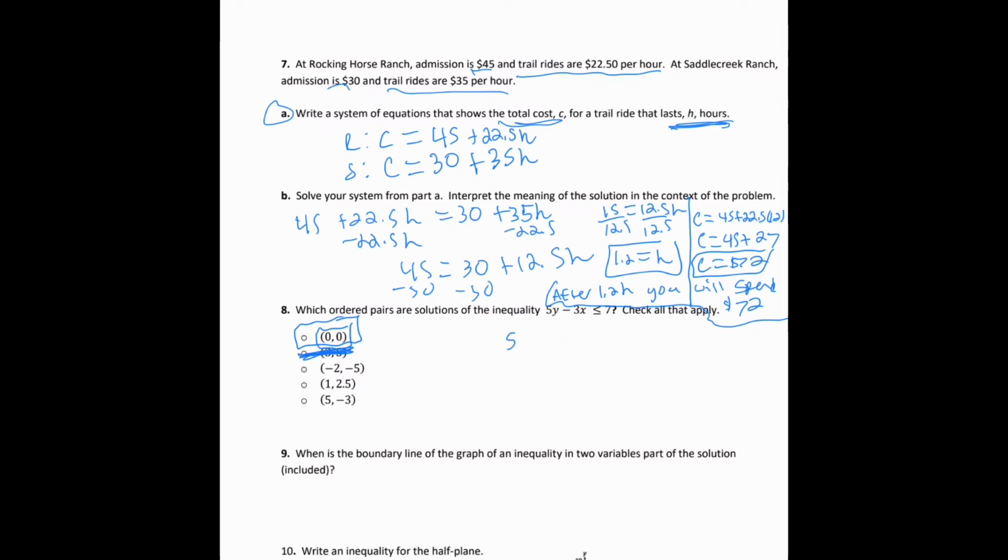So the next one, y is negative 5 in this case, and x is negative 2. So negative 25 plus 6. Negative 19 is less than or equal to 7, so that would be something that we could pick. I'm just rewriting the equation each time, ready to plug things in.